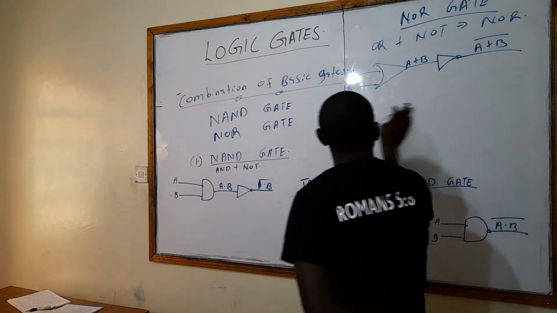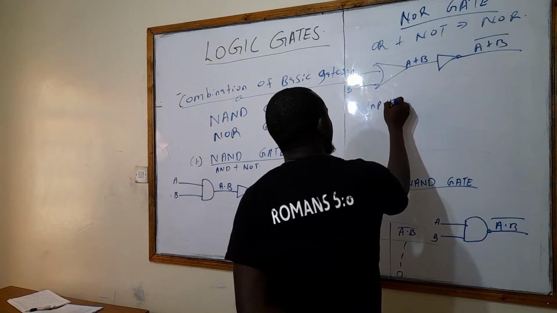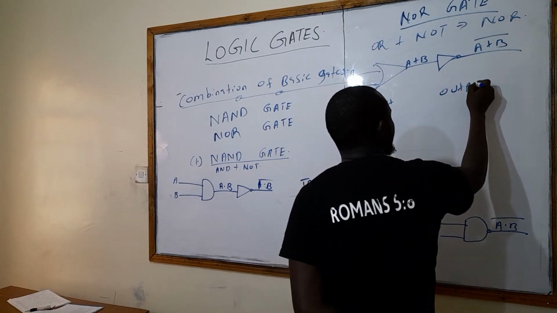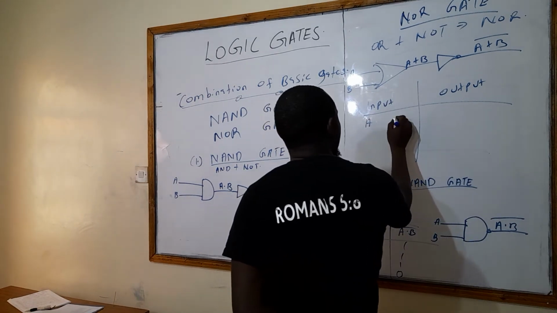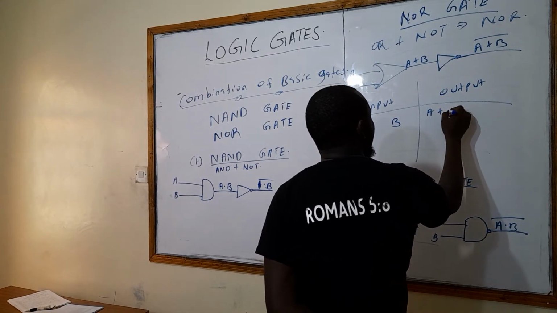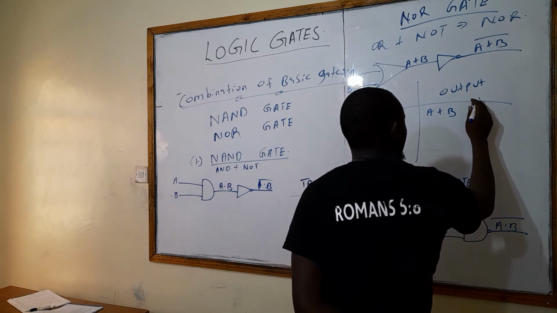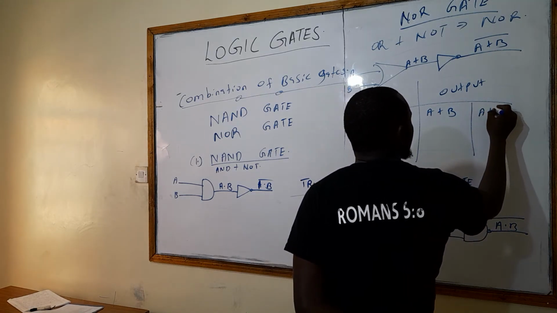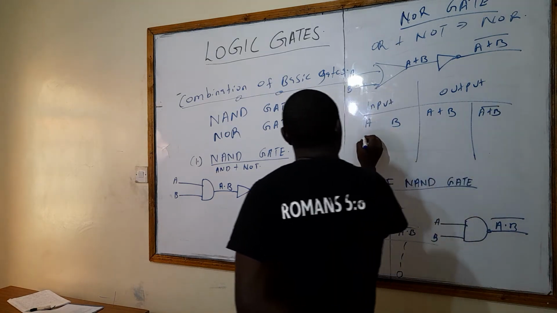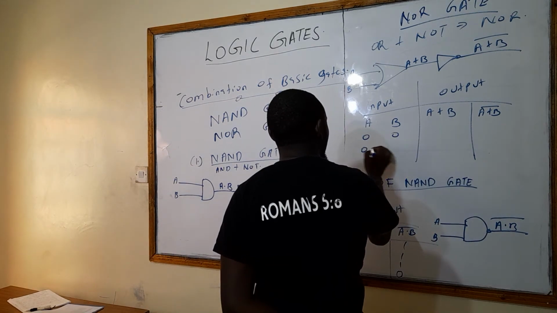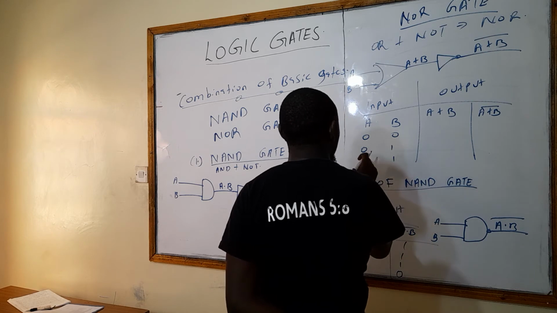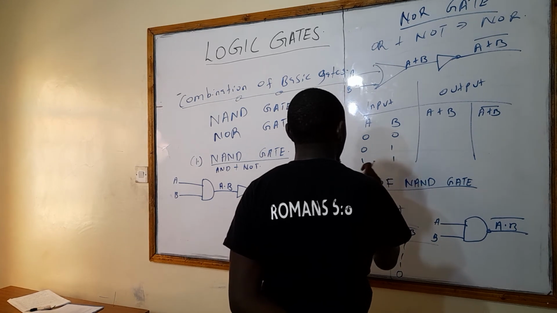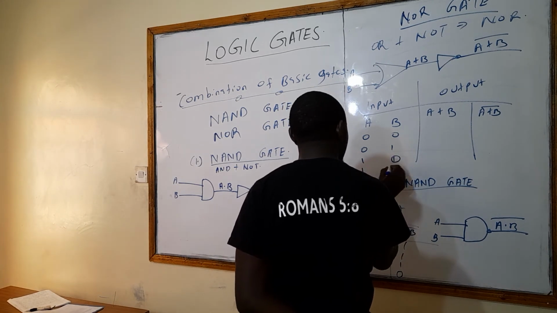Now we draw the truth table. This one is the input and the output. Therefore, this one is A, B, A plus B, and then we have A plus B bar. A and B are 0,0, 0,1, 1,0, and 1,1.